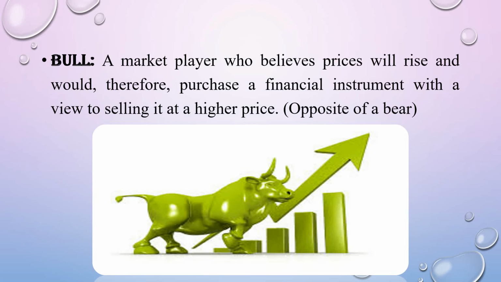He is a market player who believes prices will rise and would therefore purchase a financial instrument with a view to selling it at a higher price. But in case of a bear, he will be looking forward to purchase a security at a low price. So this is the major difference between a bull and a bear.